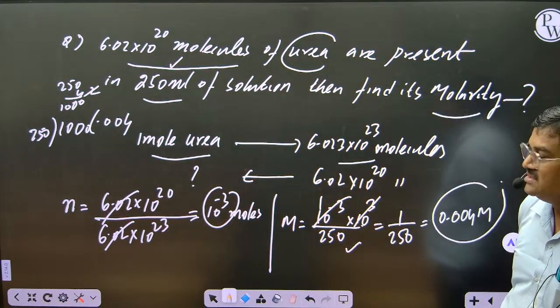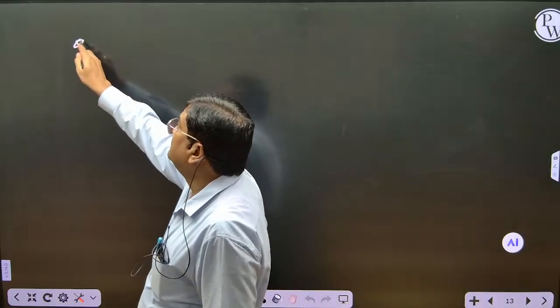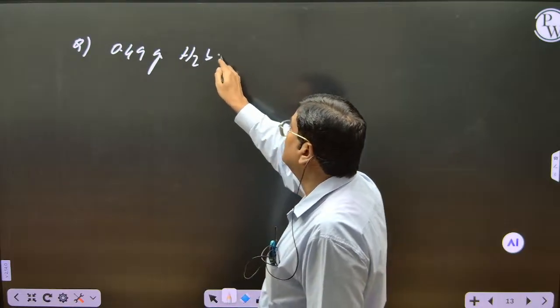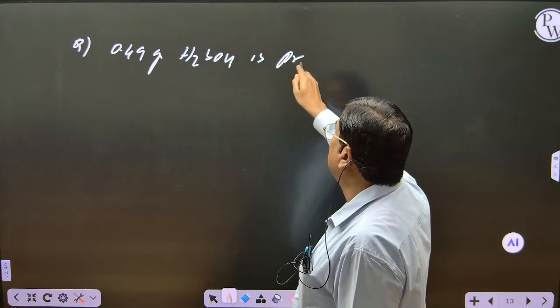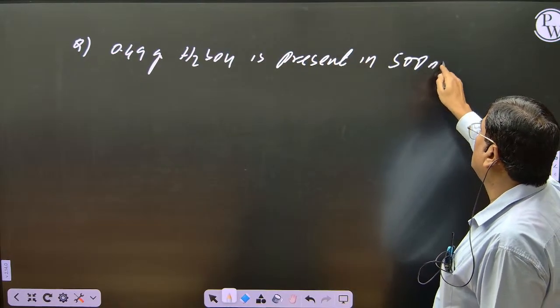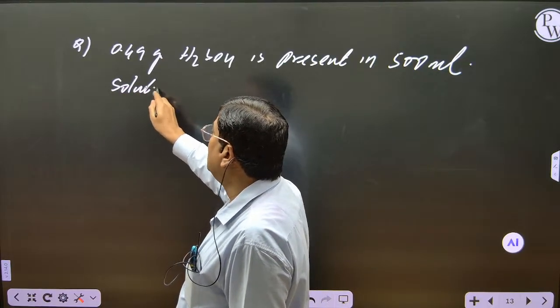Right, one more question. 0.49 grams of sulfuric acid is present in 500 ml solution. Then find its molarity.